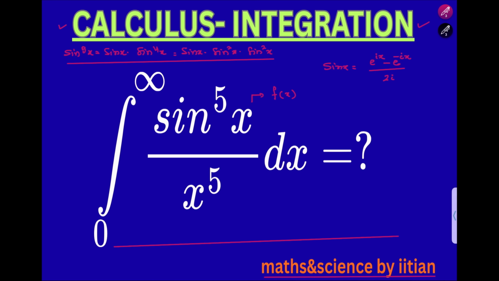This is the formula from complex numbers, so that we can directly find out sin to the power of 5x by expanding the right hand side using the binomial theorem.